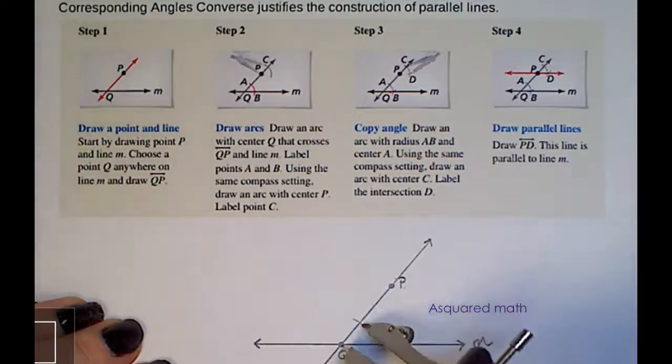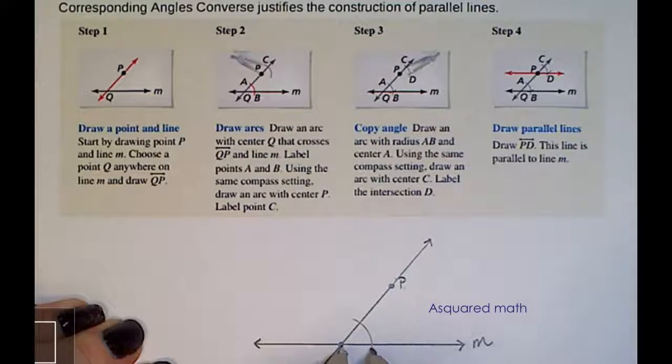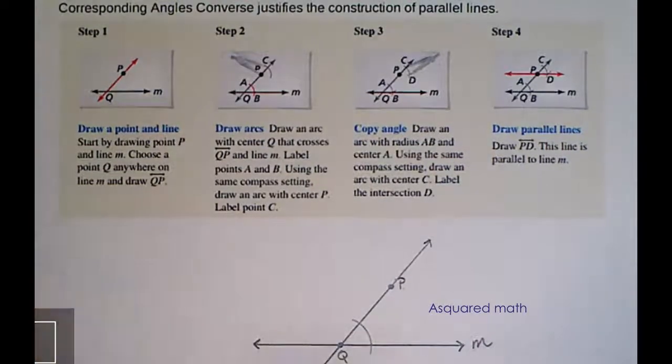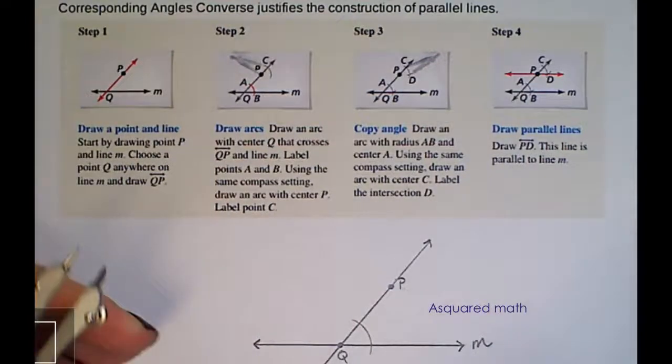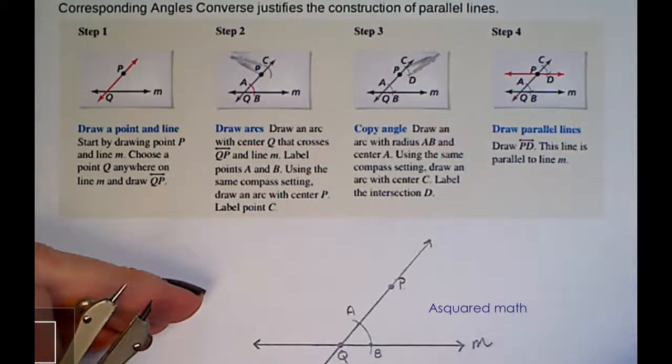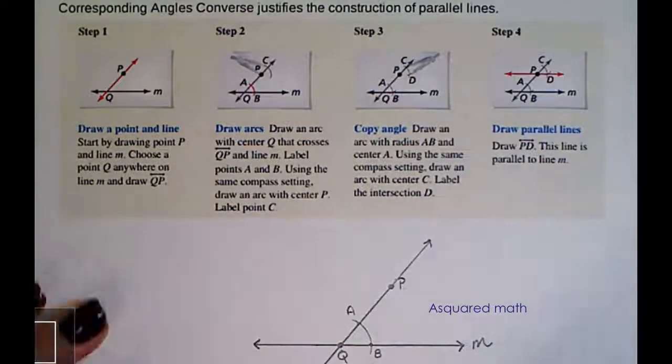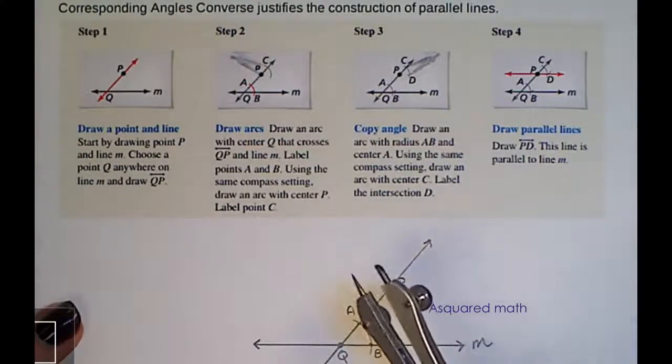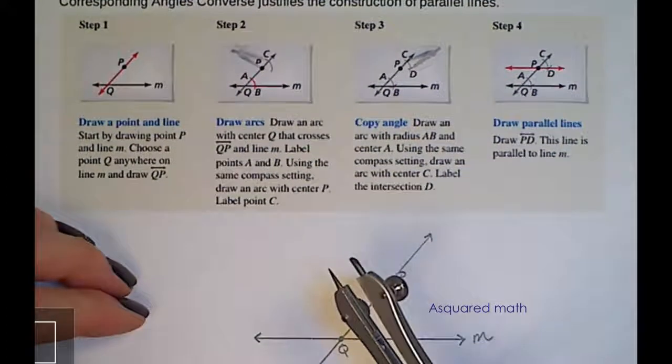It crosses over line QP and line M. It wants us to label these intersections here as point A and point B, so we can follow the directions later. I'll try and move this up a little bit for you so you can see what I'm doing a little bit better.